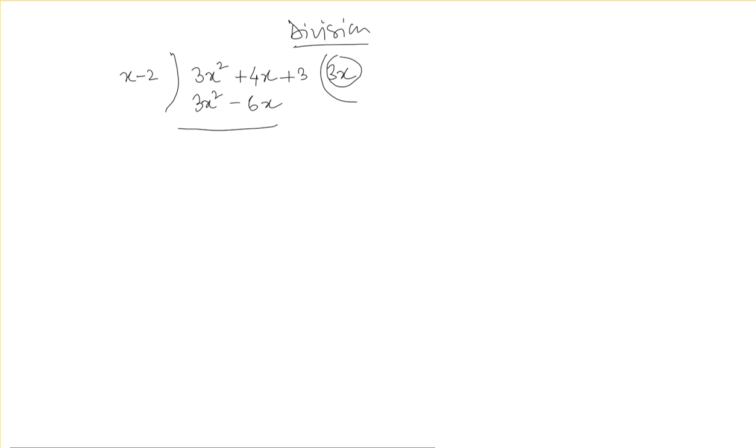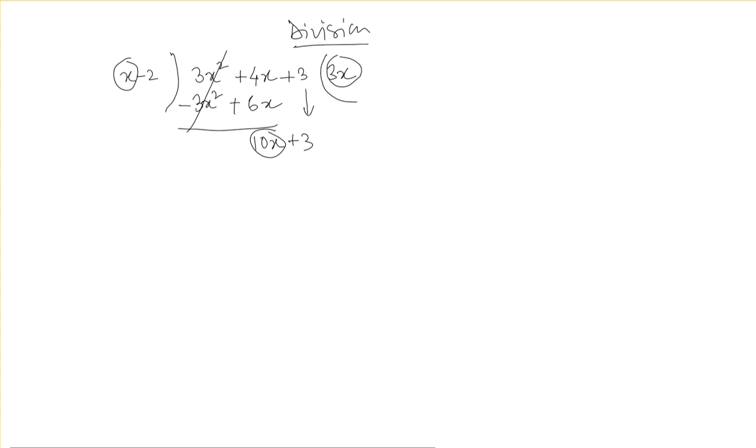Now we subtract. That means this will become minus and this will become plus. So this is cancelled out and this is 10x. Thereafter this 3 we take it down. Now we focus on this and this, just like before.